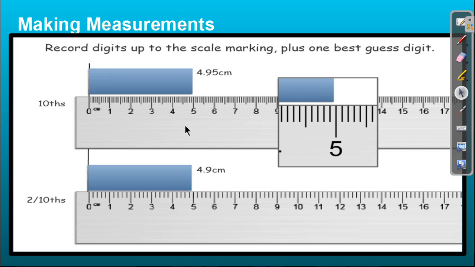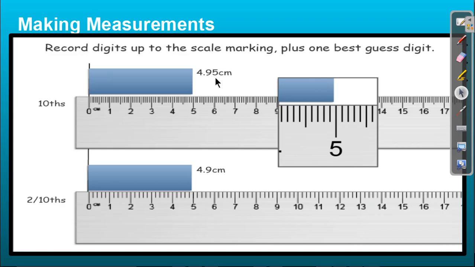What does that mean? That means that I can get closer to the true value with this ruler than I can with this ruler. Look at this, 4.96 centimeters versus 4.9 centimeters. This is precision. The more digits you can give me after the decimal point, the more precise you are.